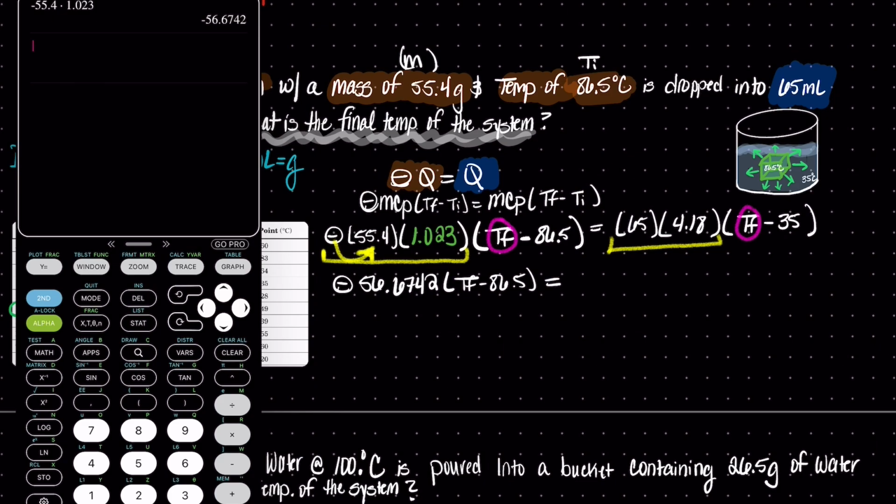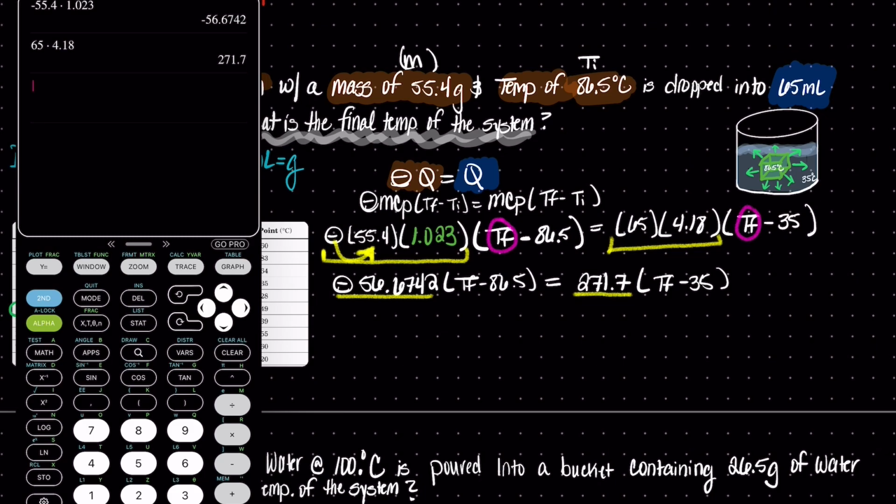And of course, we're going to combine those other like terms. 65 times 4.18. 271, not 27. There we go, 271.7. Drop down everything else. So right now, my like terms are combined here.